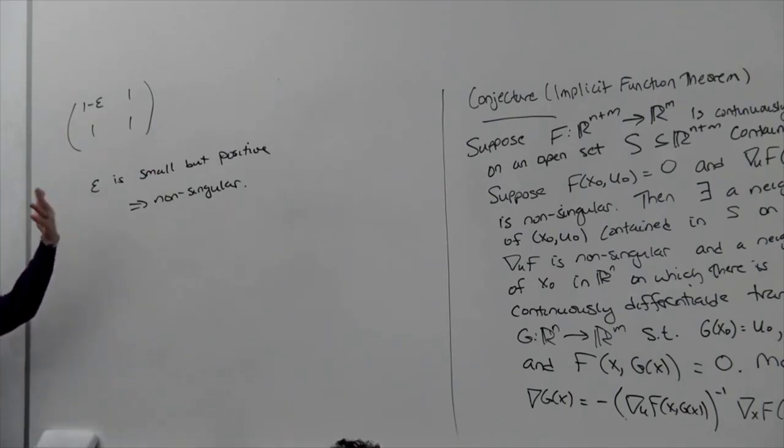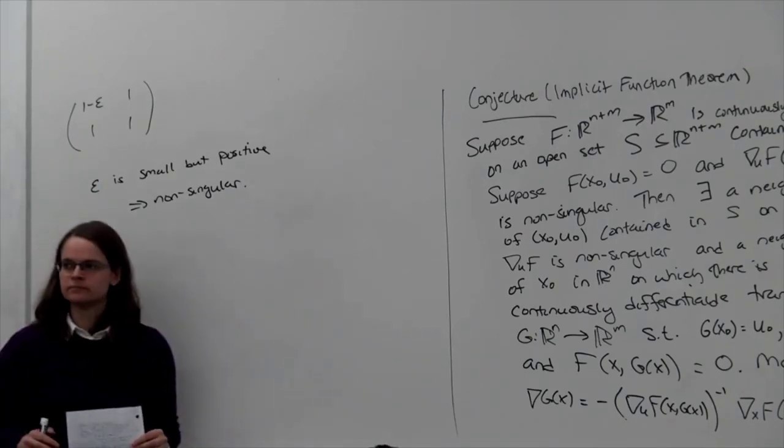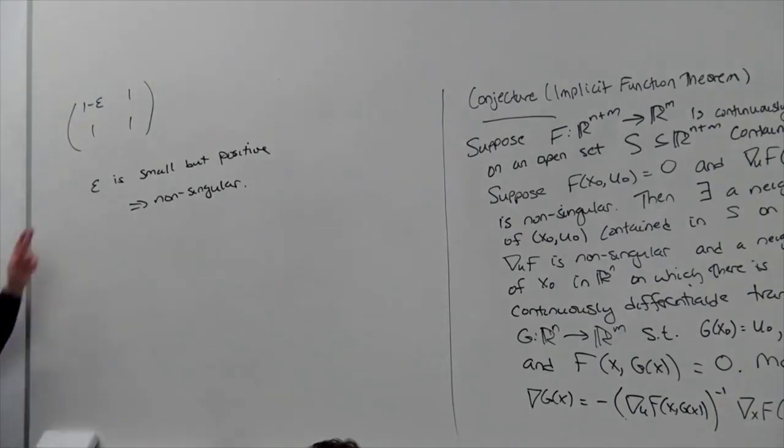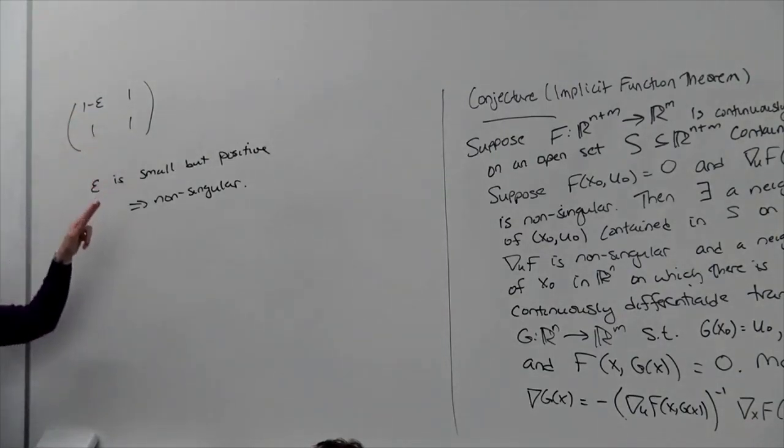But if I vary it by an amount epsilon over 2, it's still not a problem. So that's what I mean. It can't instantly become singular. It may be only a tiny neighborhood on which we can work. That's possible. But it's not instantaneous. There's always a neighborhood on which we can do things. And that's because it's continuously differentiable, right? This matrix is going to be continuous in x. The determinant of this matrix is going to be continuous in x. So that means it'll never go instantly from non-0 to 0.